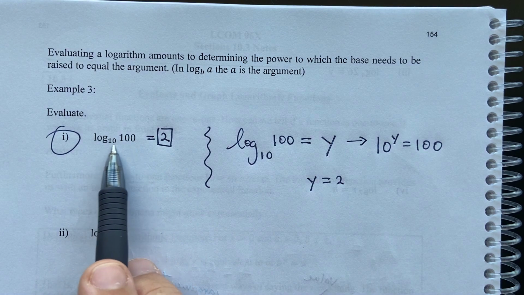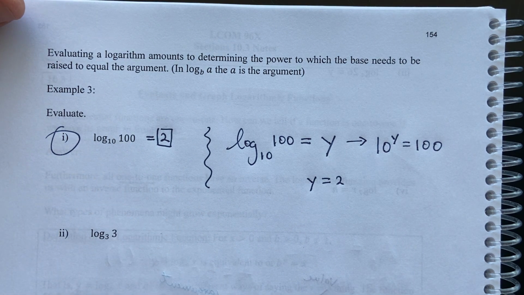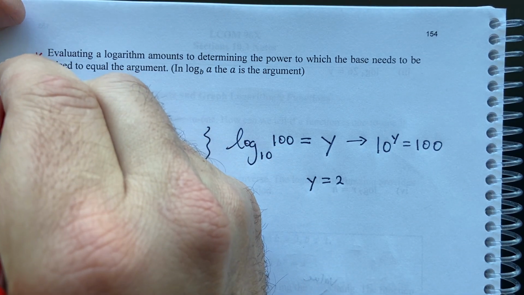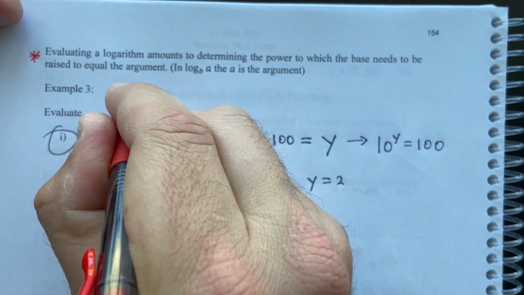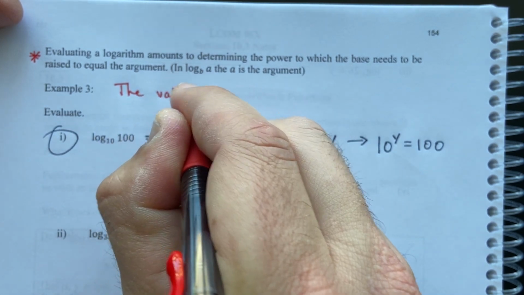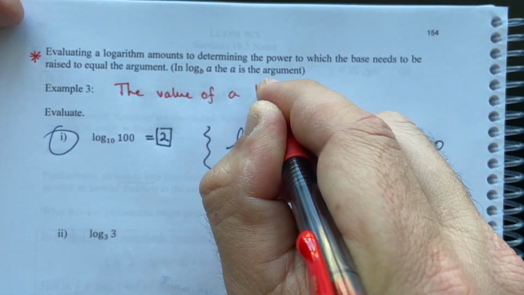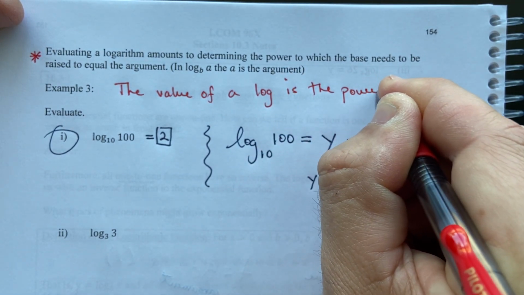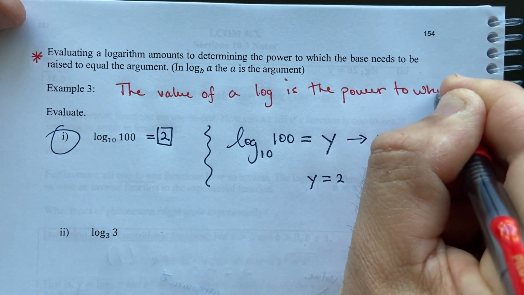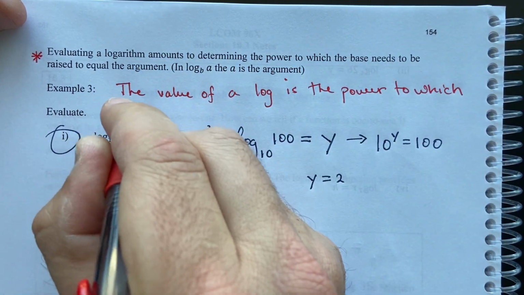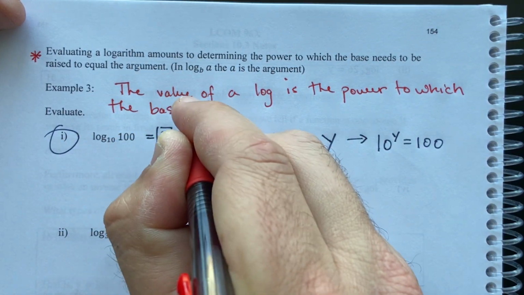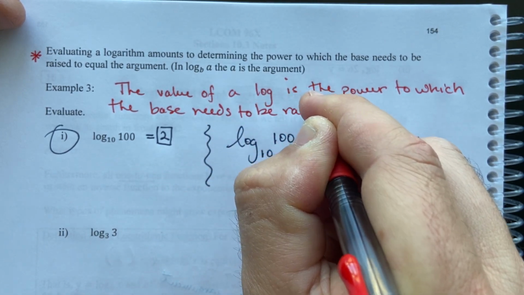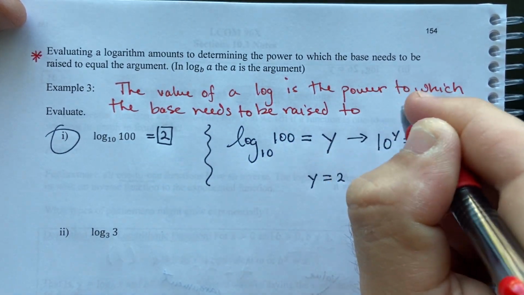So the value of the logarithm, I'll rewrite it, is the power to which the base needs to be raised to equal the argument.